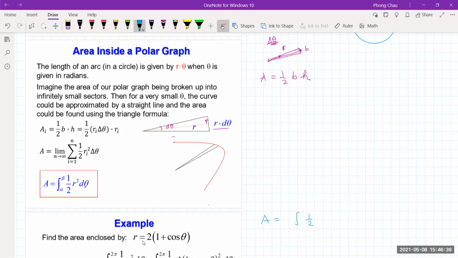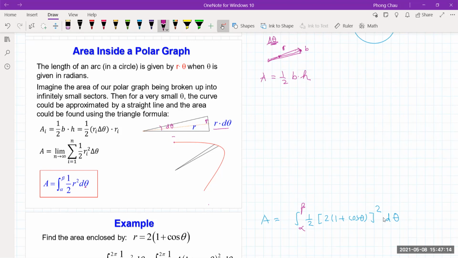It's given, r is 2 times 1 plus cosine theta. So you know that it's going to be 1/2 times 2 times 1 plus cosine of theta squared d theta. Okay, and then you integrate. The only thing again that is missing, we need to find is the alpha and the beta. So from where to where the theta runs.